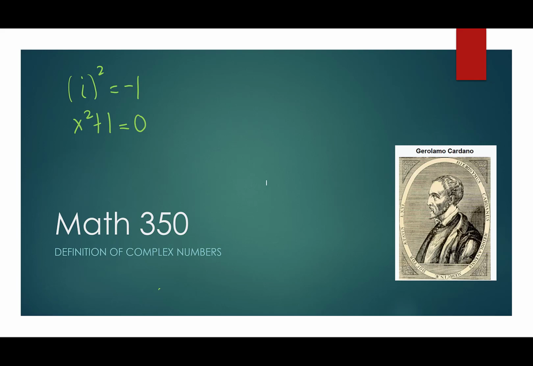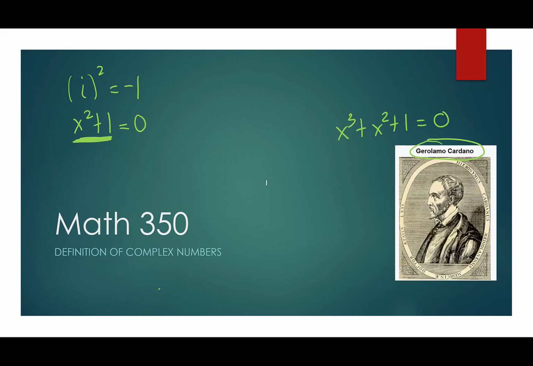Now, funnily enough, complex numbers actually didn't originate with quadratic equations or quadratic polynomials. They actually started with cubic polynomials. The person credited with defining complex numbers is Girolamo Cardano, but he was actually studying cubic polynomials, so something like this.